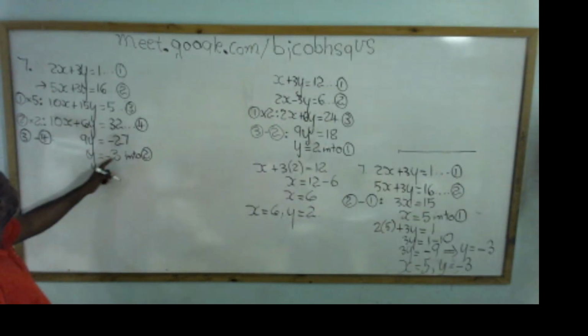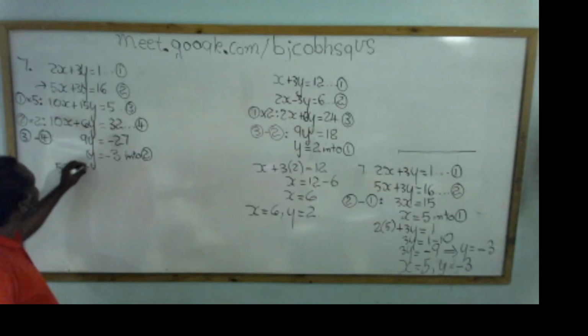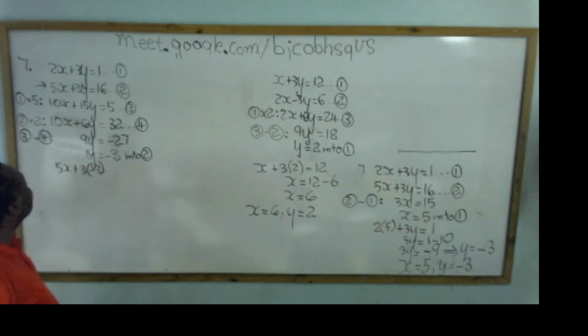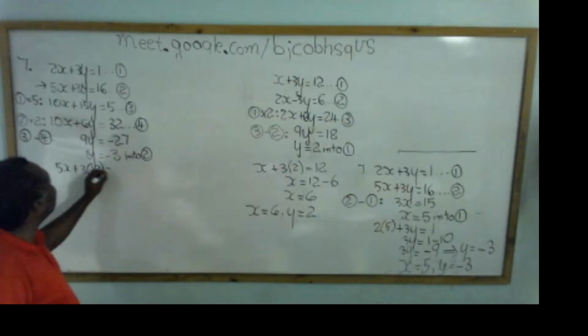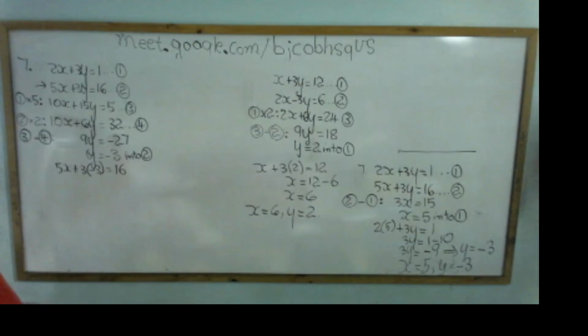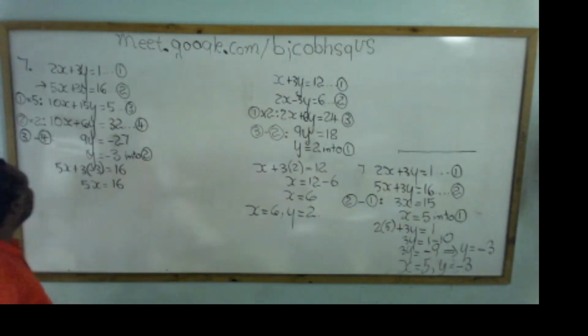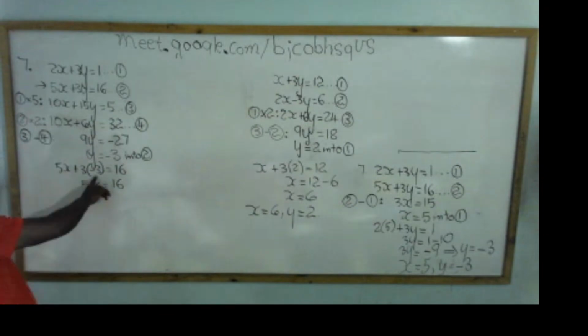So begin right here. 5x plus 3 times negative 3 is equal to 16. So what do we have? 5x is equal to 16, and of course we have a negative 9 right here.